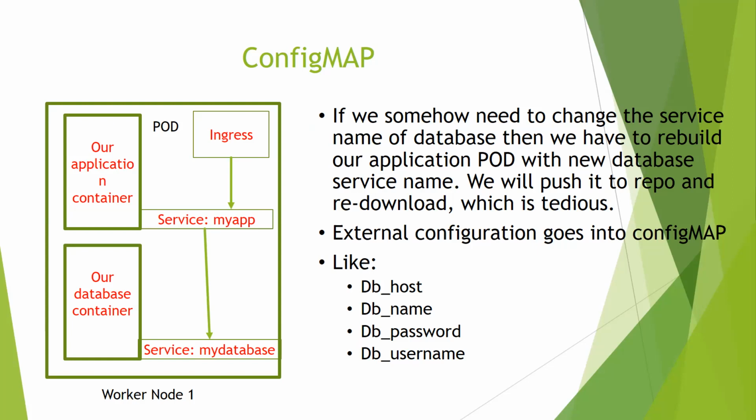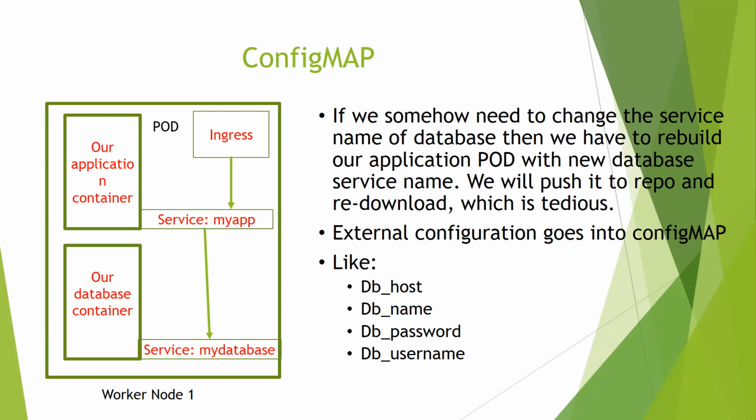So if that parameter is changed, you have to rebuild your application with new connection string, and then you can pack that application in a container, and then you will push that container to your repository, and then you can pull it again in your Kubernetes configuration. So to avoid that, we have another module called config map.